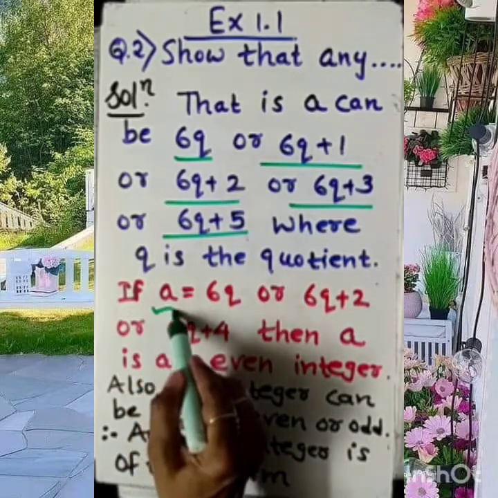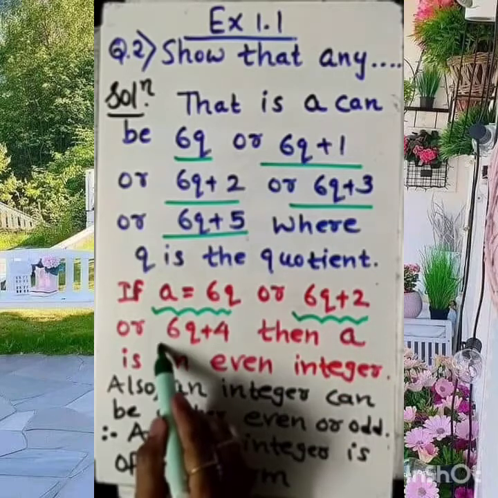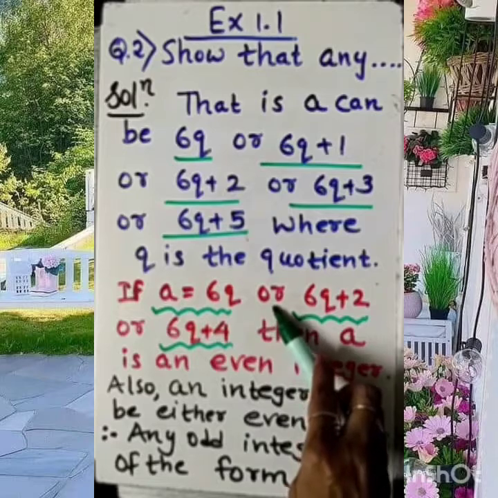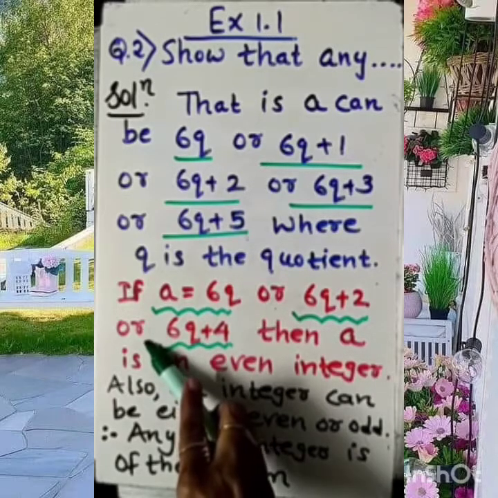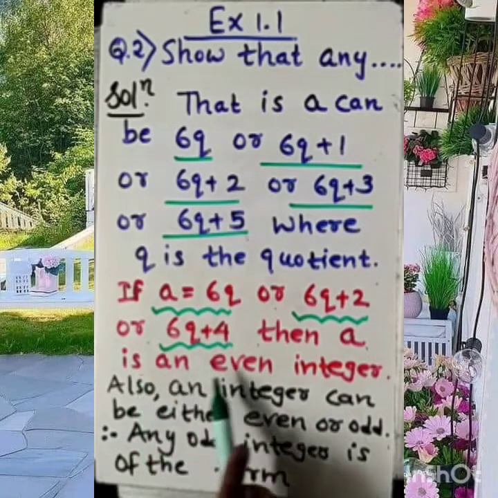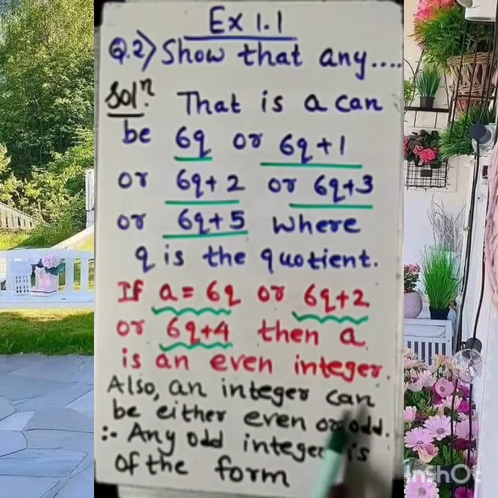Now, if A equal to 6q, or 6q plus 2 or 6q plus 4, leaving 1, here we are dropping 6q plus 1, 6q plus 3 and 6q plus 5, then A is an even integer. But as we know, an integer can be either even or odd. So any odd integer can be of which form? Let's see.